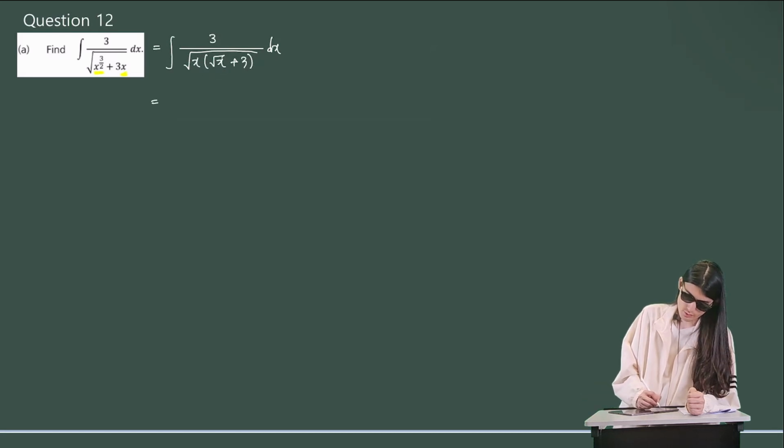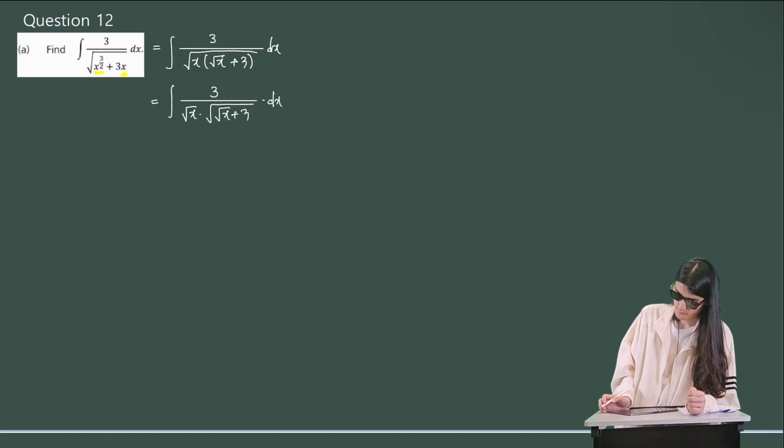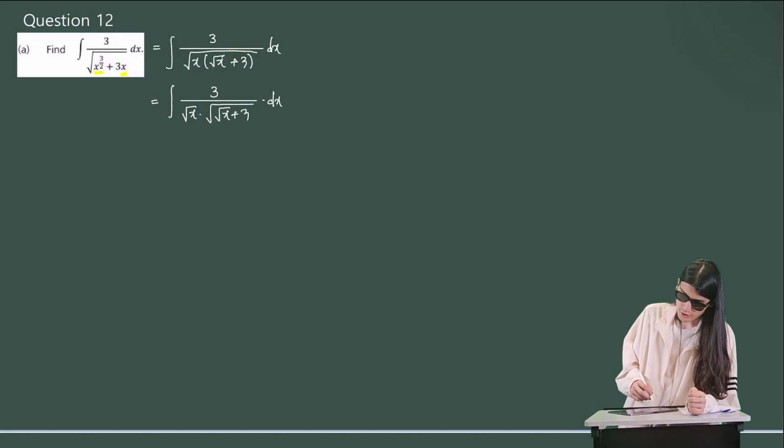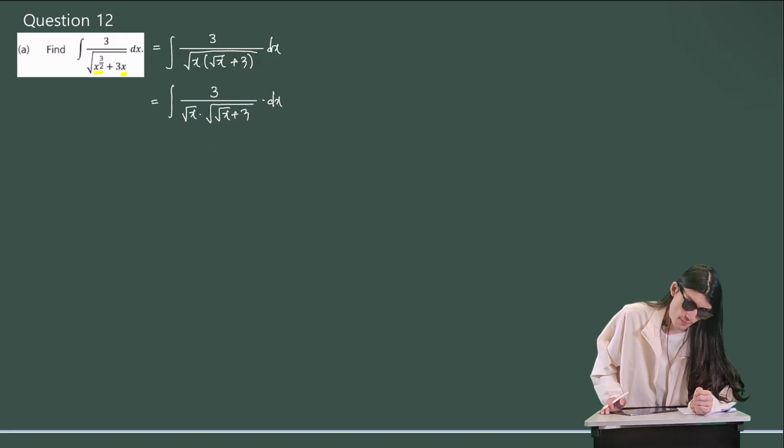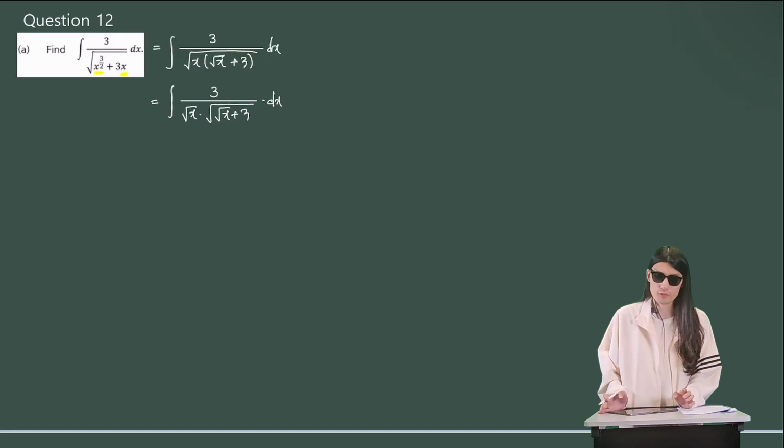But when you factor the square root of x out like that, and you split your square root, like this, you actually get the integrand in a form that you can integrate through the reverse chain rule. And recognizing that was the key to this problem.